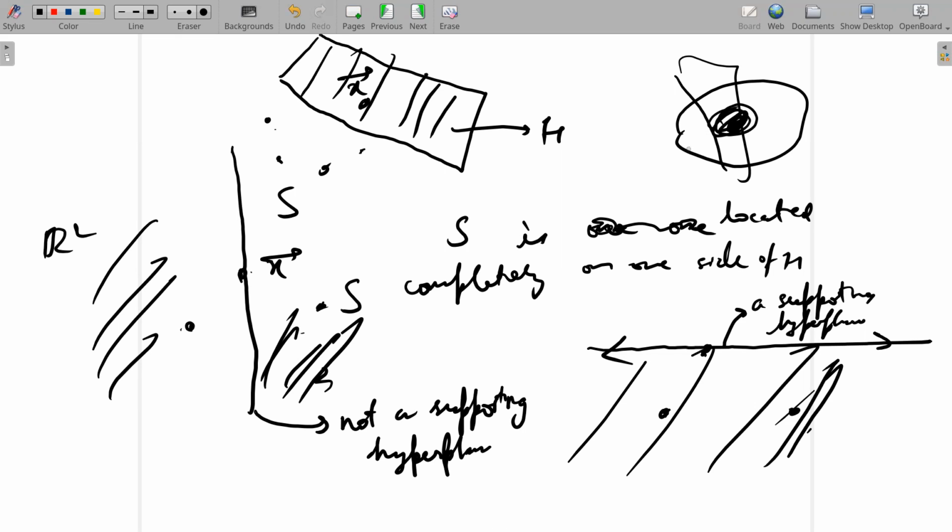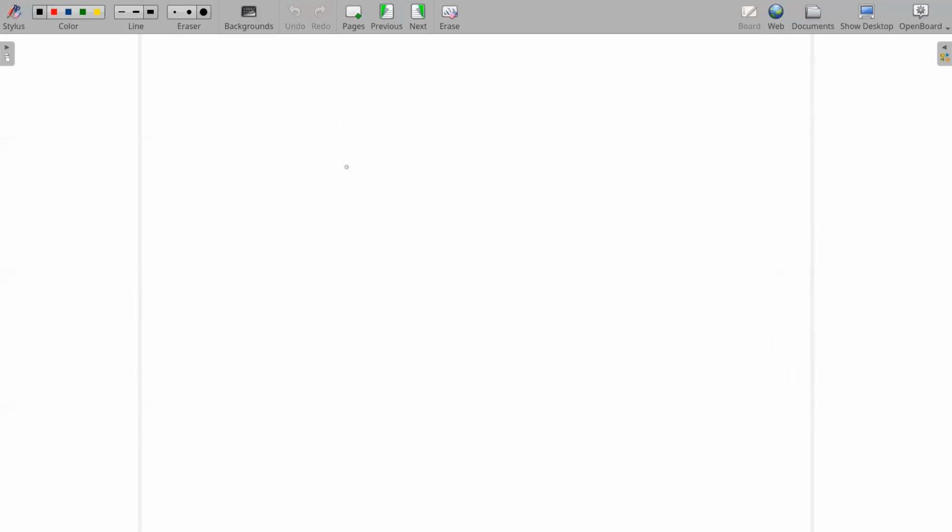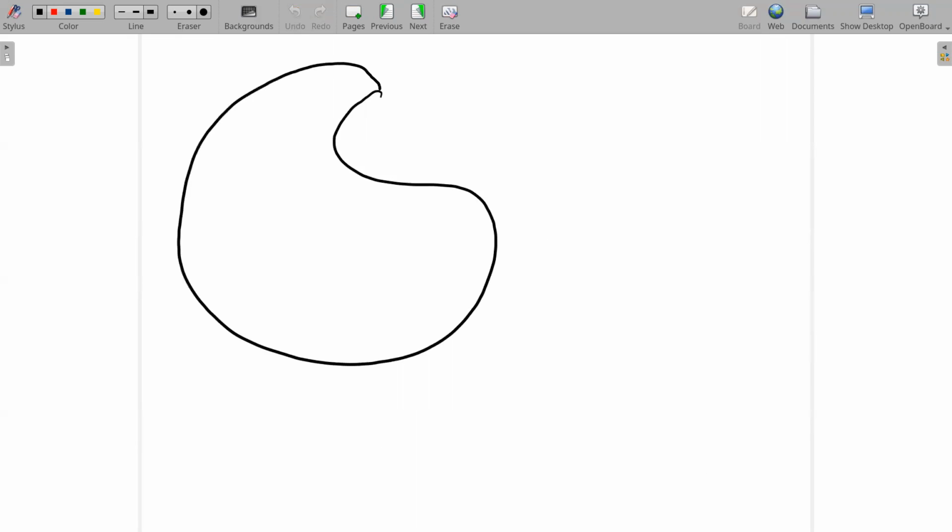So in general, you will always have to look at boundary points, and a supporting hyperplane will be tangential there, so that at least for convex sets, everything will lie on one side. If it is not convex, for example something like this in R2 again, you will not find any supporting hyperplane at this X, because any line I draw has to intersect.